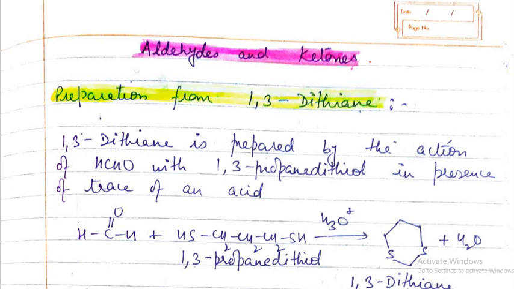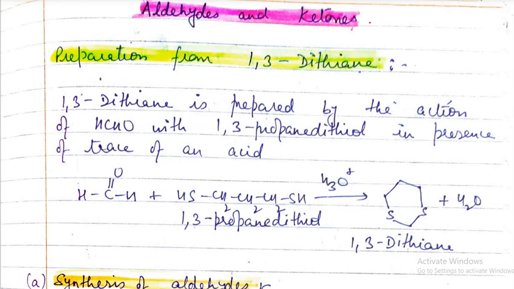1,3-dithiane is prepared from formaldehyde with 1,3-propane dithiol in the acidic medium, that is to give 1,3-dithiane and water.